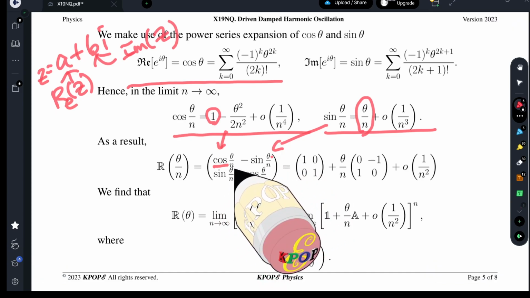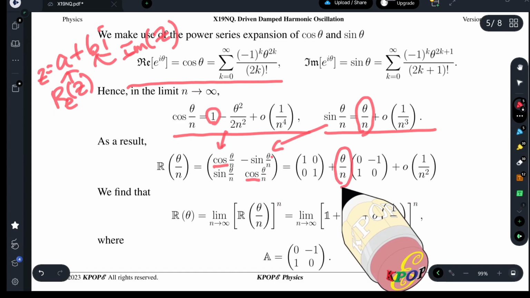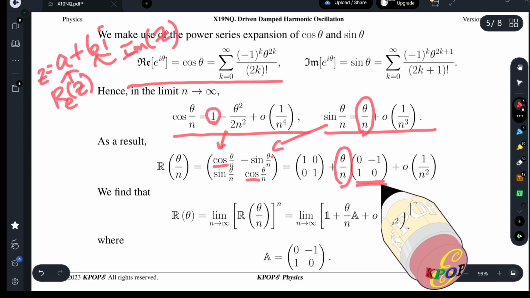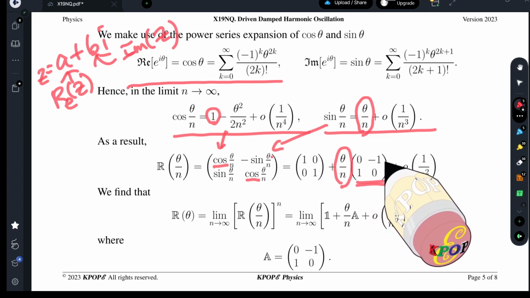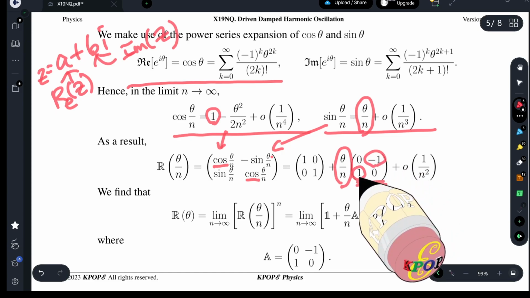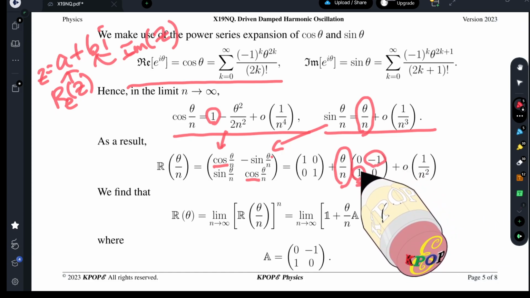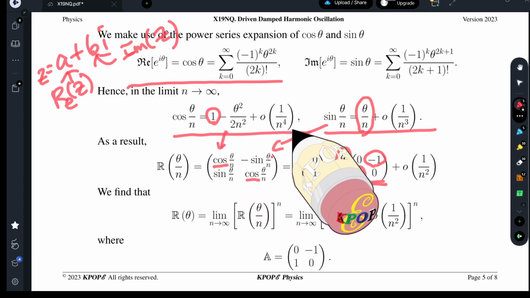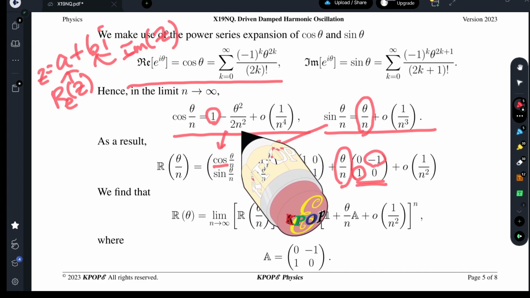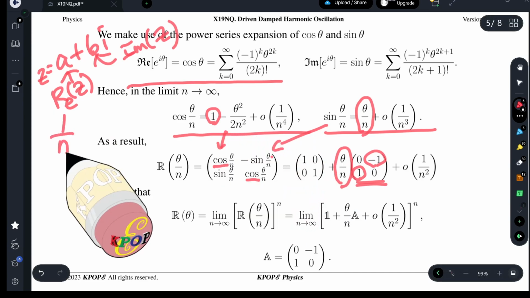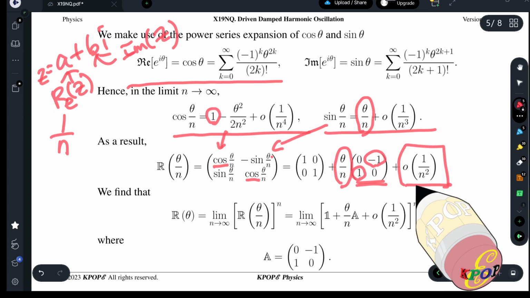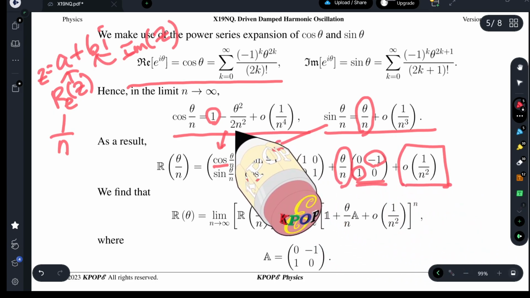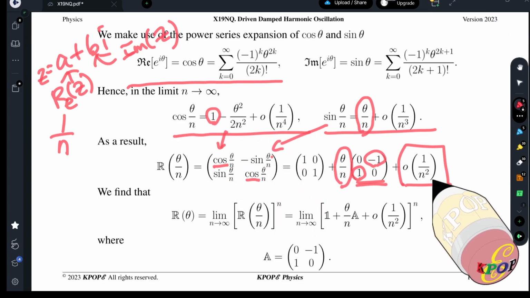So off-diagonal elements have a theta over n, and there's an antisymmetric matrix. The diagonal elements of that part all vanish, and they are unity except that the signs are different. And then we can make a further expansion in powers of 1 over n, and we denote any other terms of order 1 over n squared and higher.